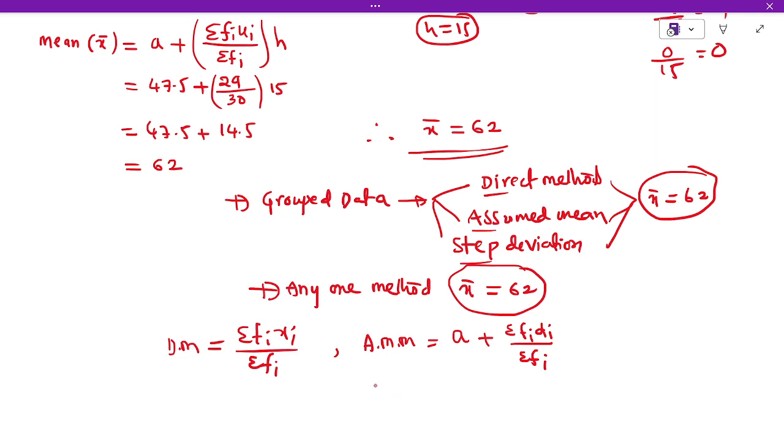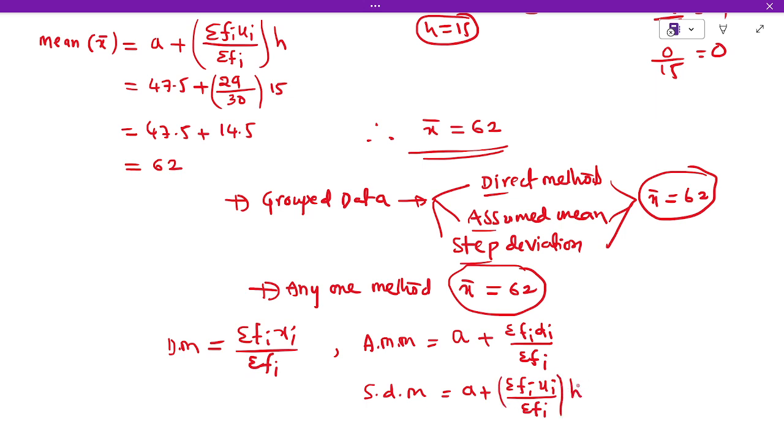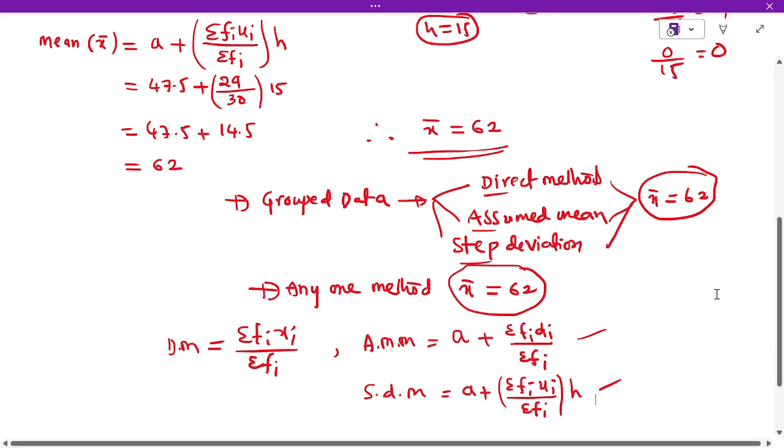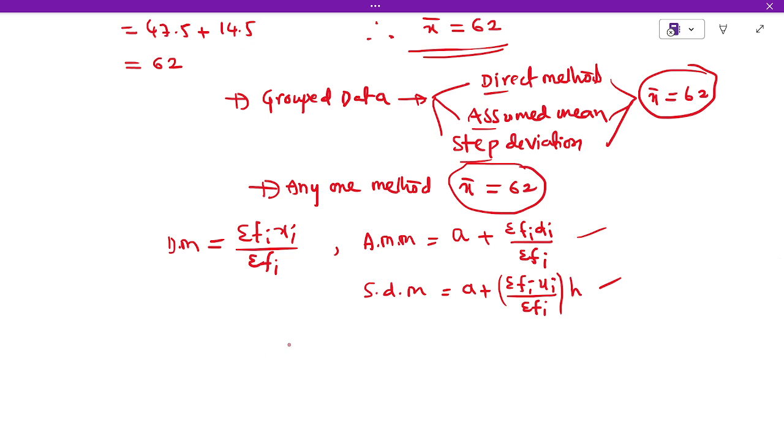Then we wanted to reduce this di further. So in the step deviation method, instead of fi di, we used fi ui, and when introducing ui, we also use h, the class size. So it is very simple to remember the formulas. Clear? That's all for this session, and we are done with the mean for grouped data.